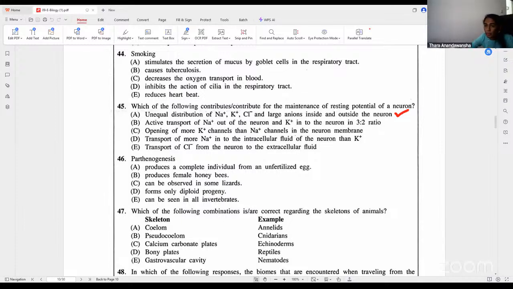Let me see one more time. 3 sodium out of the cell, every 2 potassium transported in.